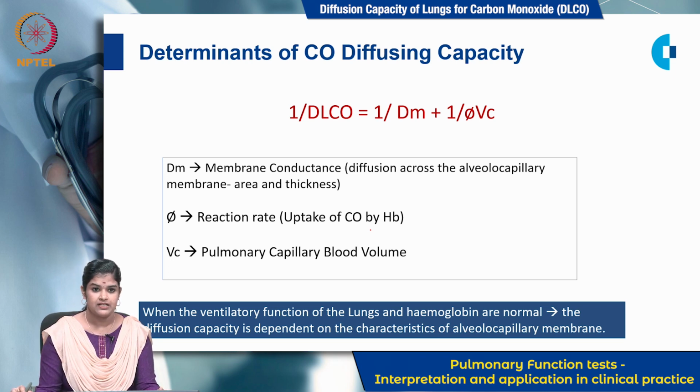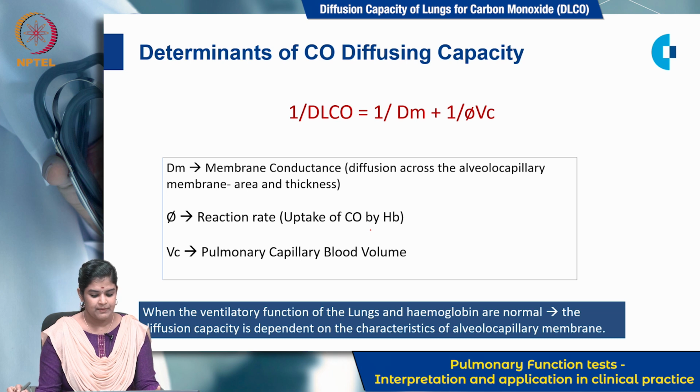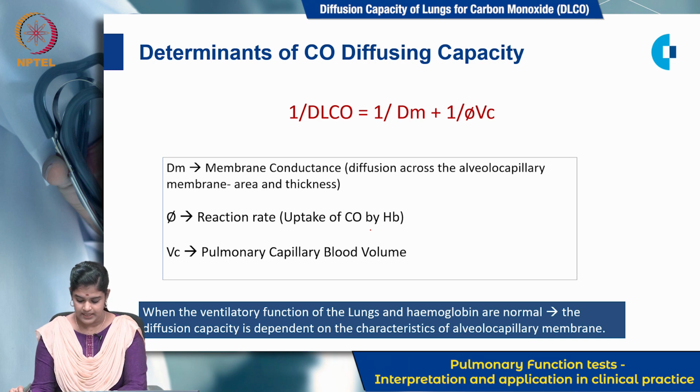Theta is the reaction rate, that is the uptake of carbon monoxide by the hemoglobin, and Vc is the pulmonary capillary blood volume. From this equation, we have to understand that when the ventilatory function of the lungs and the hemoglobin are normal, then the diffusion capacity is solely dependent on the characteristics of the alveolar capillary membrane.